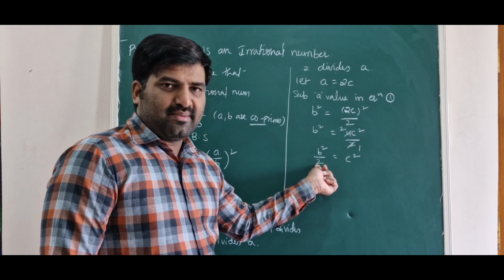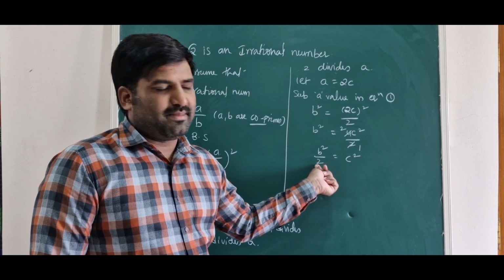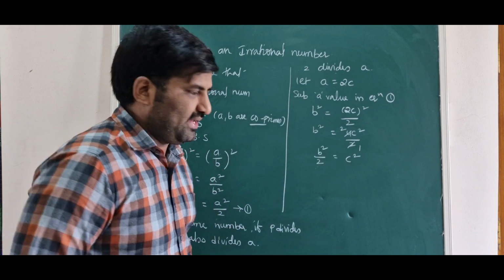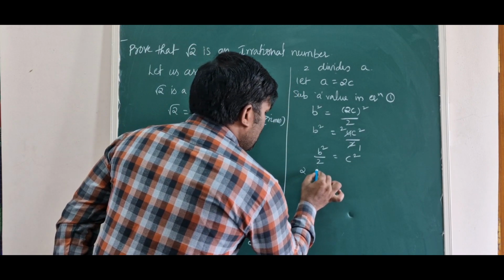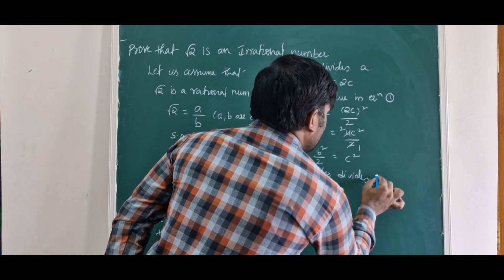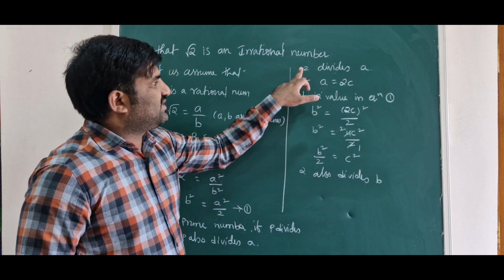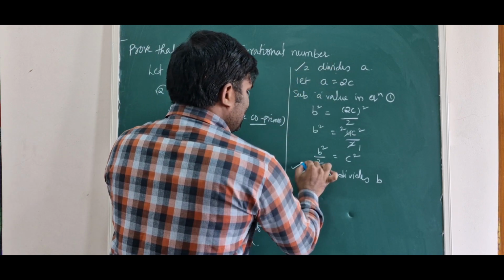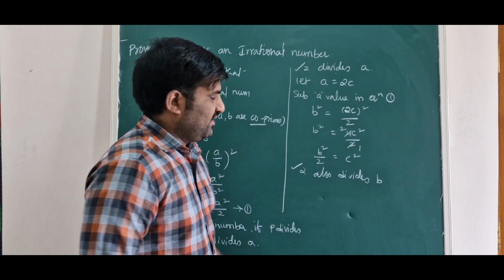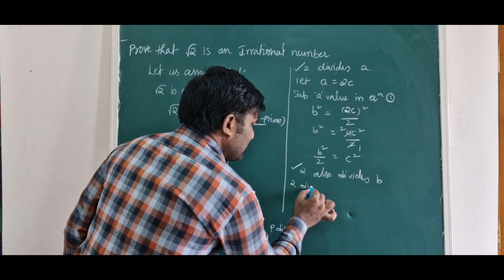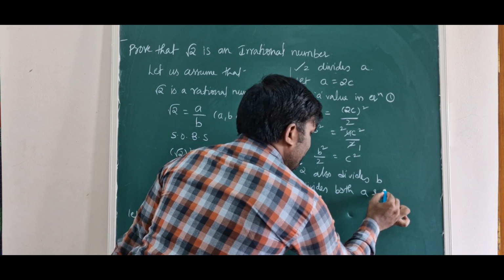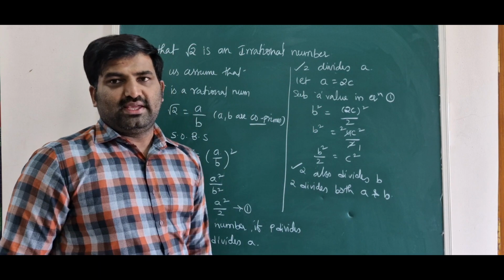If 2 is a prime number, 2 divides B square, then 2 also divides B. Directly I am writing 2 also divides B. Now take these two statements: 2 divides A, 2 also divides B. Means what? 2 divides both A and B.